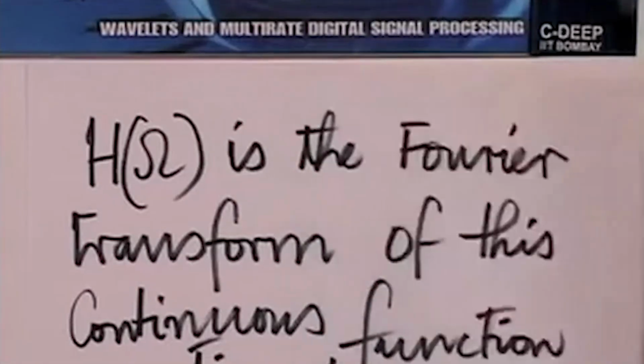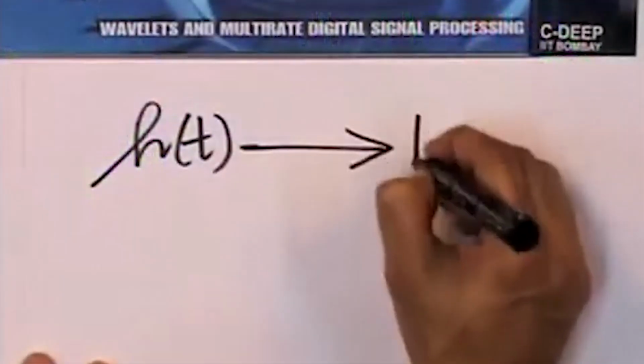And now, what is half H omega by 2 then? For that purpose, let us assume that we have a function h of t whose Fourier transform is capital H of omega.